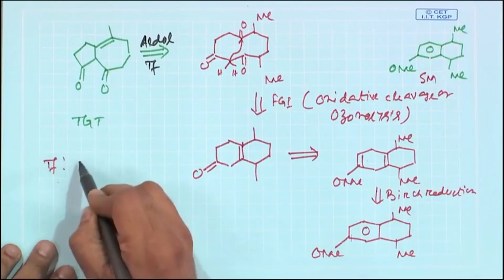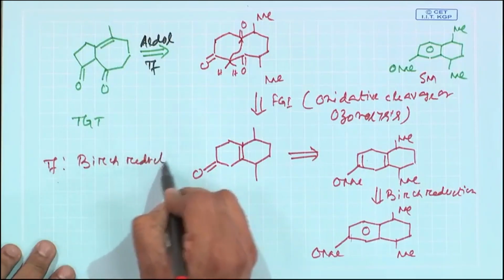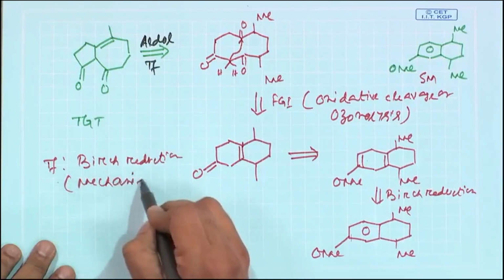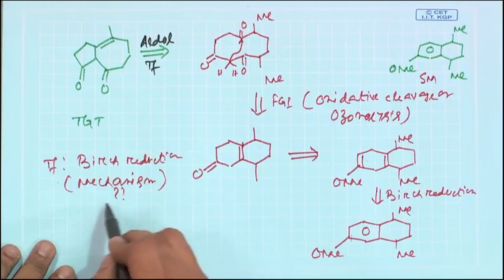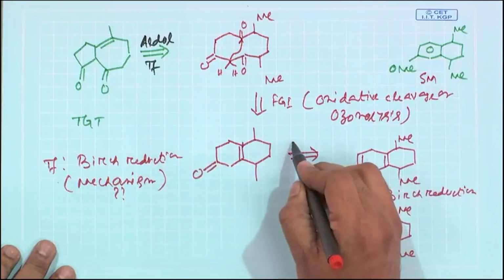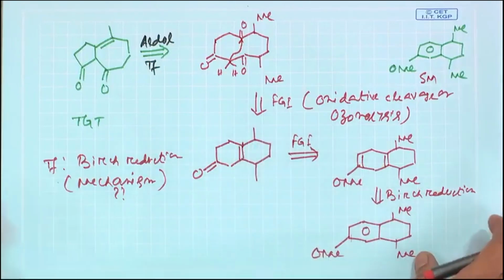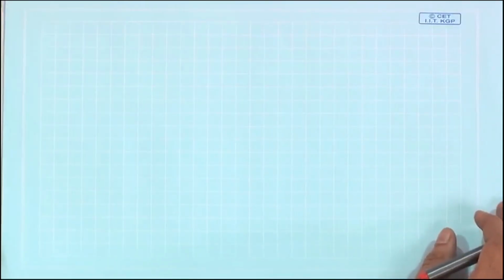You need to know the Birch reduction, but the point is, in the mechanism you have to emphasize that if you have an electron-releasing group on one of the aromatic rings, what particular regioisomer you are going to get. This part is very important. Once this part is done, the remaining thing is absolutely simple. You just do an FGI through enol ether hydrolysis and oxidative cleavage, and complete the synthesis. It was very obvious, and those kinds of syntheses can easily be done.